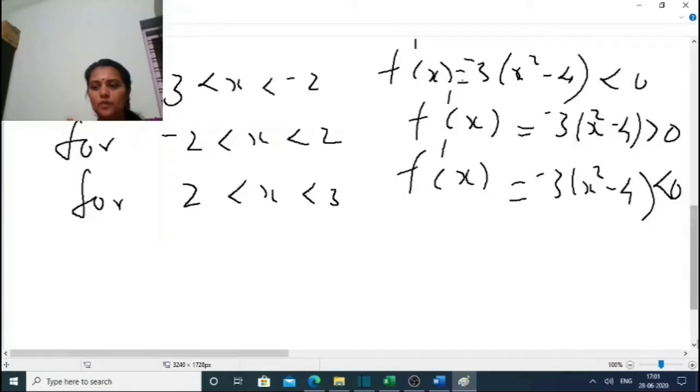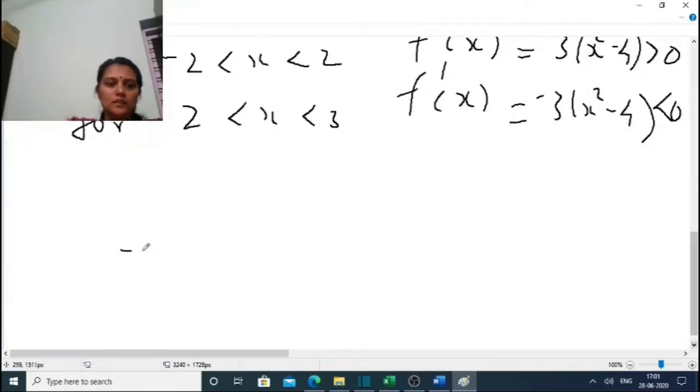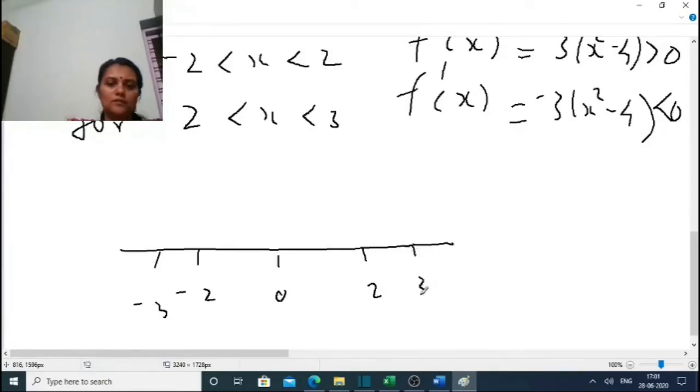So we could plot like this. If this is minus 2, it will be minus 3, 0, 2, 3.